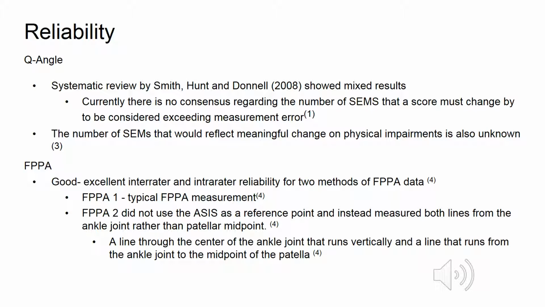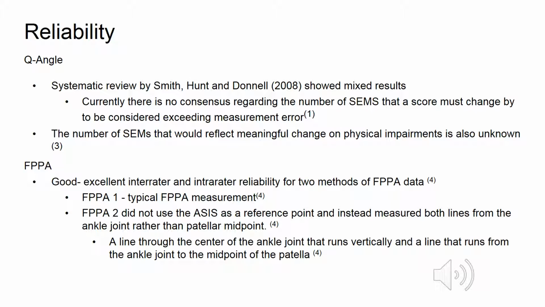For the frontal plane projection angle, reliability was shown to be good and excellent in quite a few studies, but most notably and most recently was a study done by Ortiz, who studied two different types of FPPA angles. The first, FPPA 1, was your typical measurement of the frontal plane projection angle, whereas your second was taken where the axis was at the ankle joint.